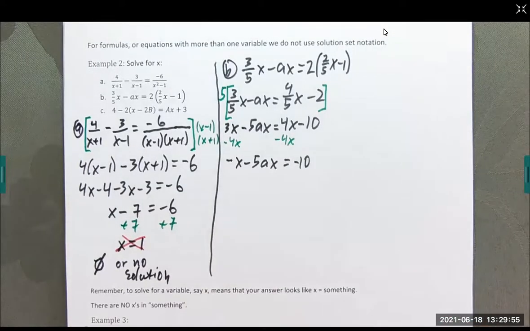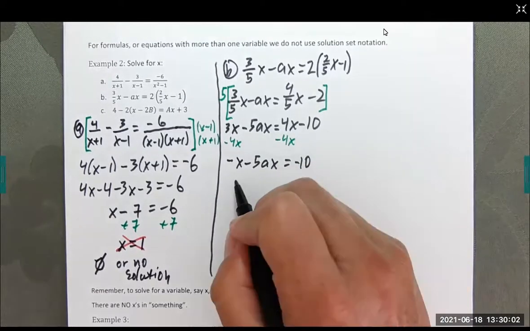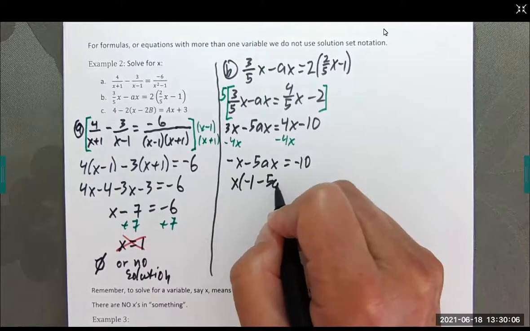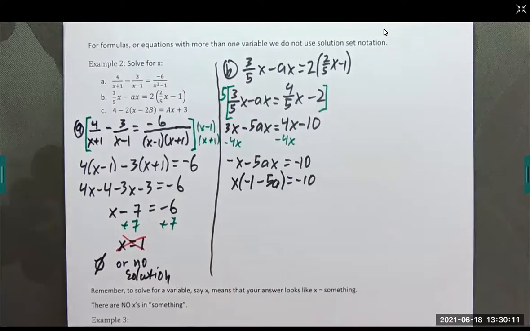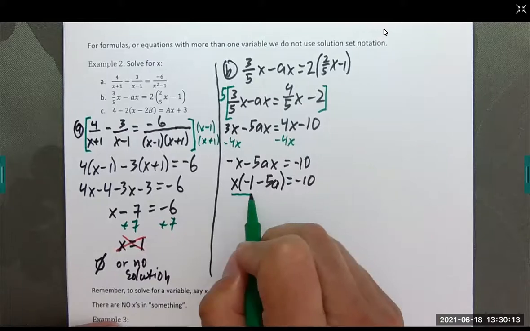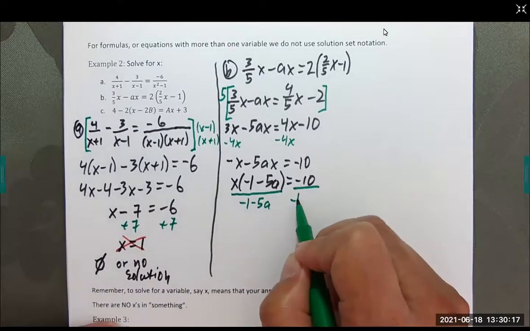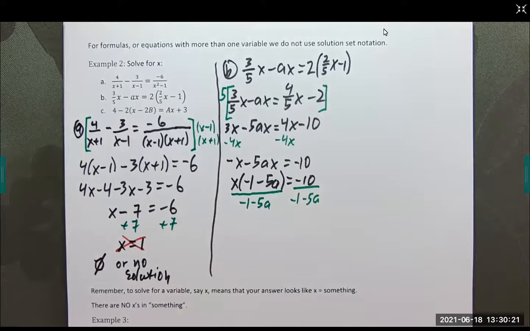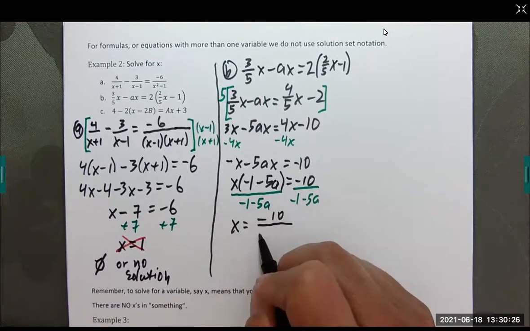I'm also going to notice that now I can factor out an x, negative 1 minus 5a, equals negative 10. And now I can divide out negative 1 minus 5a. x equals negative 10 over negative 1 minus 5a.